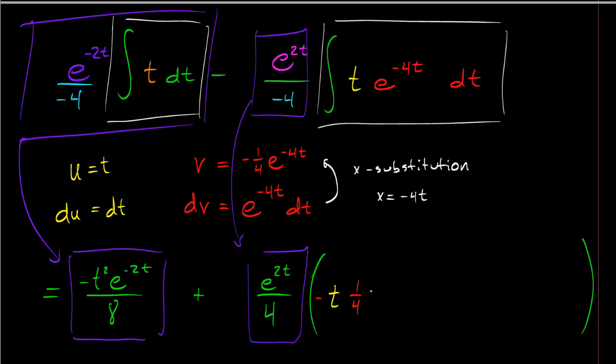Notice, once again, no integration constant needed, e to the negative 4t, minus the integral of v du. So here's v, and du is just dt. Now, luckily for us, this is an integral we've actually already done.